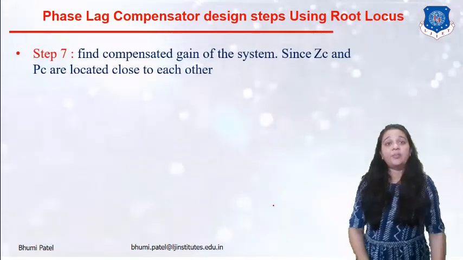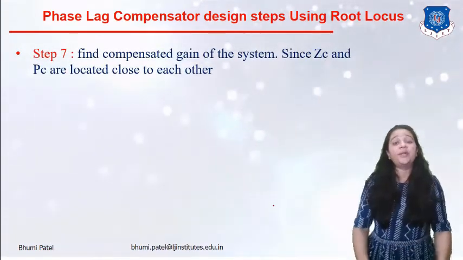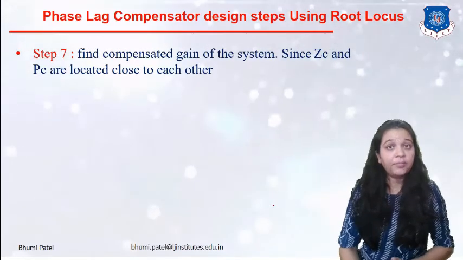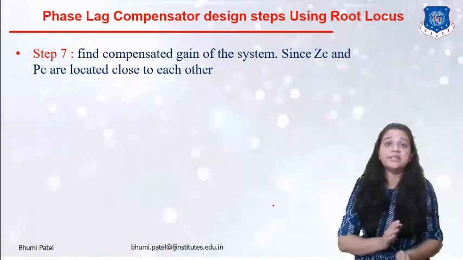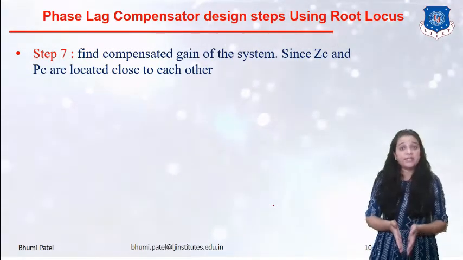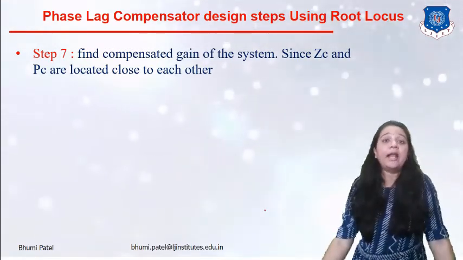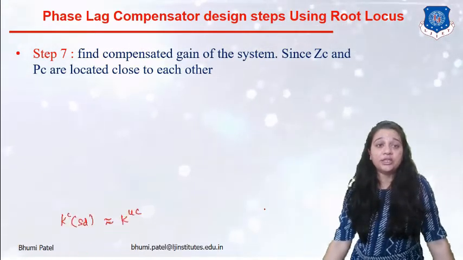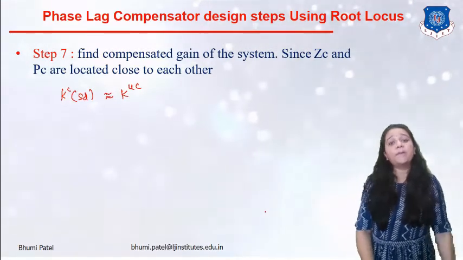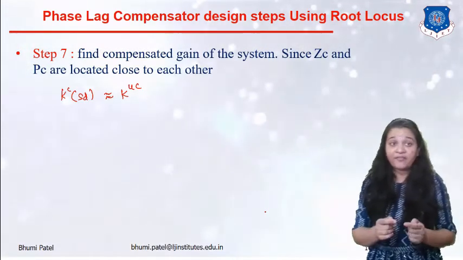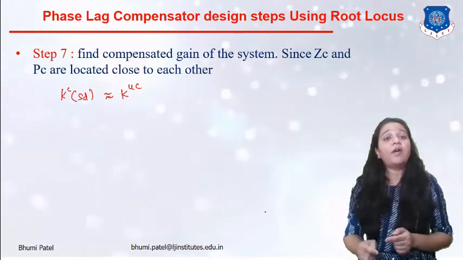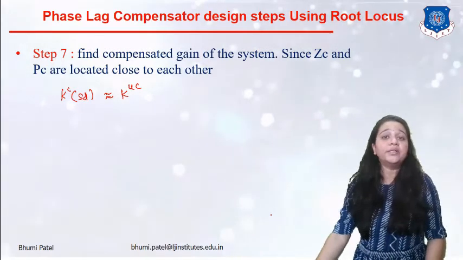Now the last step is to find the compensator gain of the system. Since we know the compensator 0, ZC, and the compensator pole, PC, are located close to each other, the equation of the compensator gain KC at the SD point is equal to K uncompensated.